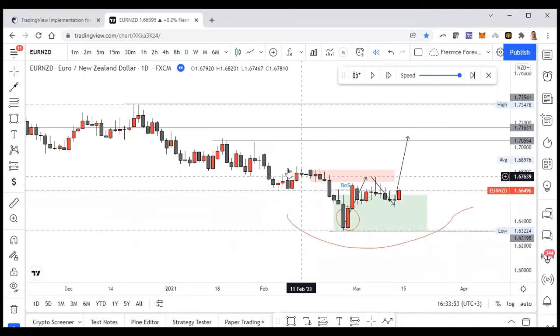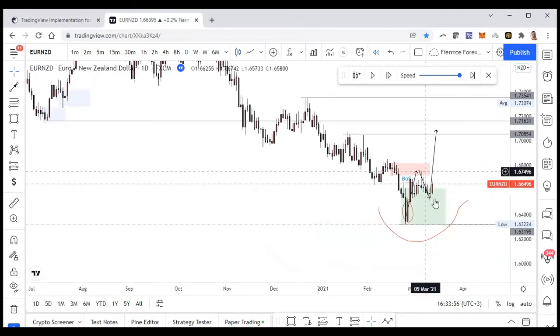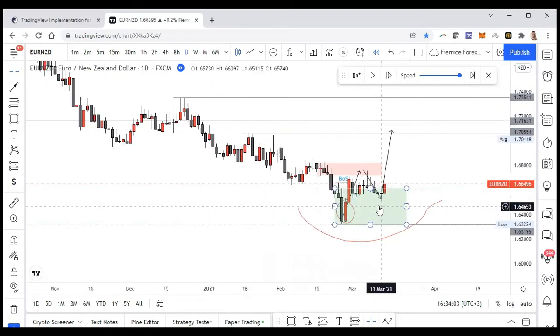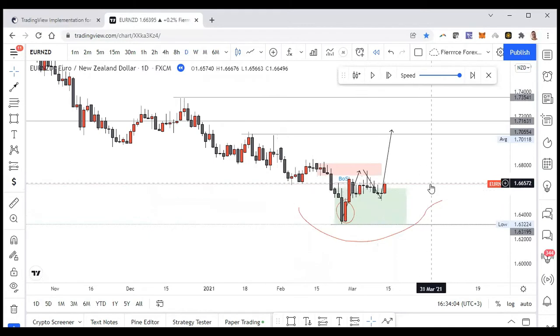I'm not thinking of us dropping any further, because one, we are at a very strong demand zone. I can't go down because obviously the replay will not allow me to, because it's too far off a time frame. But this is where we are at.